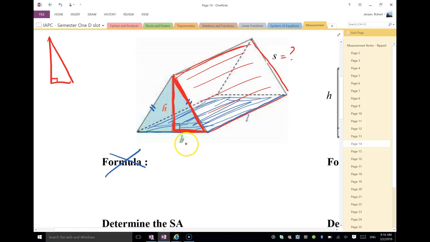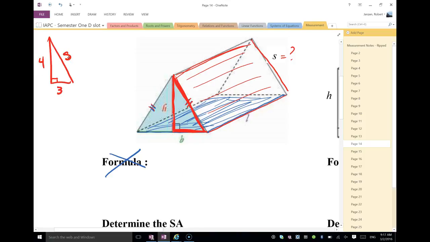I know that the whole base was 6, so half of it is going to be 3. How do I know it's half? Well, if these two sides are the same, this is going to be an isosceles triangle, so these are two identical halves. So the base is 3 and the height is 4. What is S?